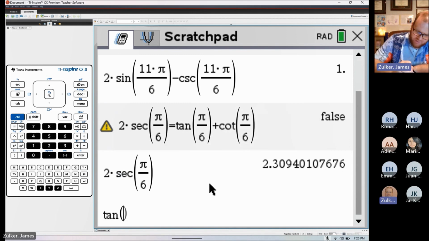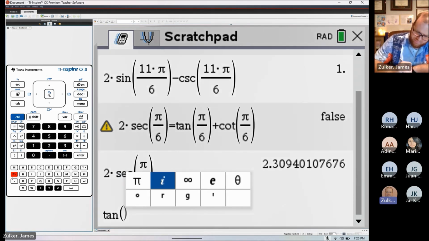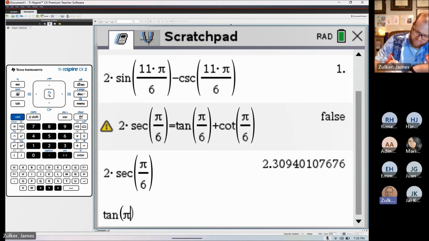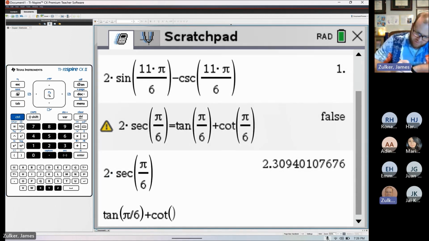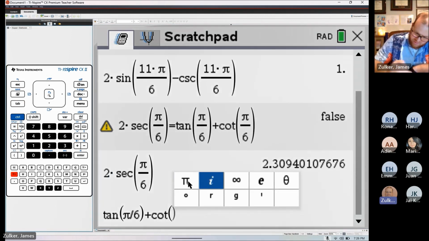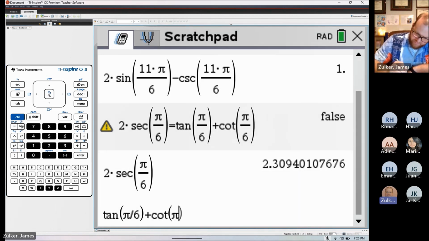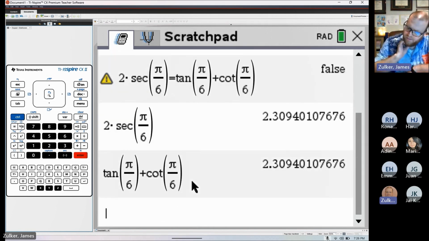Now let's do tangent plus cotangent. They're the same.